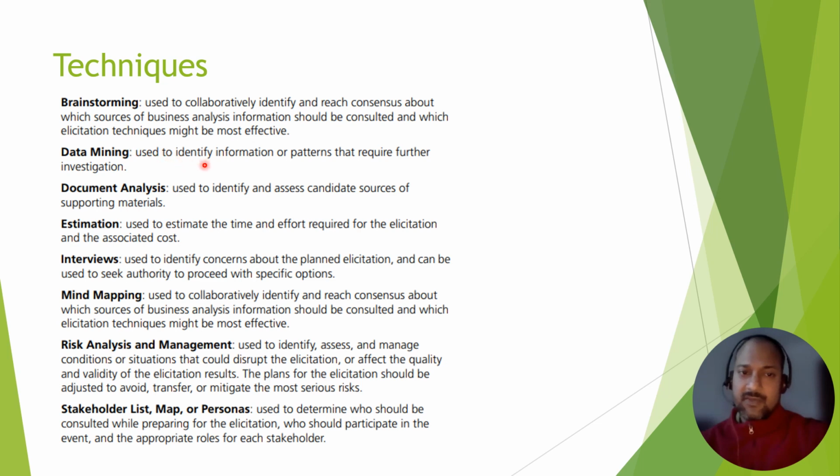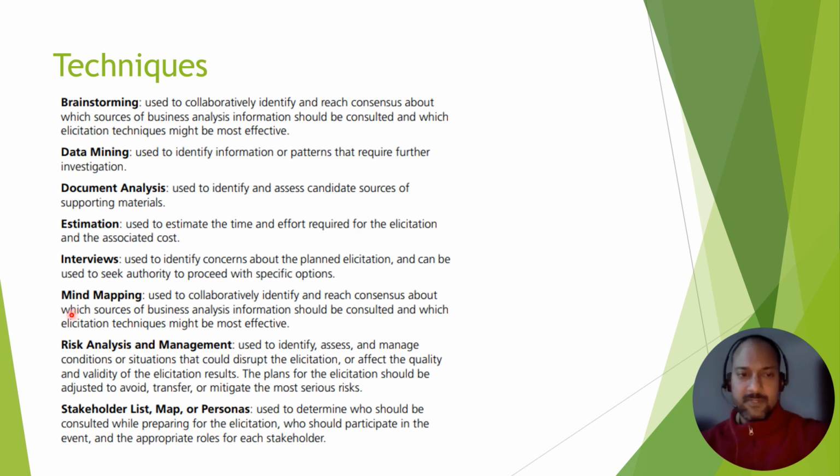You do data mining used to identify information or patterns that require further investigation. Then we have document analysis used to identify and assess candidate sources of supporting material. Estimation used to estimate the time and effort required for the elicitation and the associated cost. Interviews used to identify concerns about the planned elicitation and can be used to seek authority to proceed with specific options.